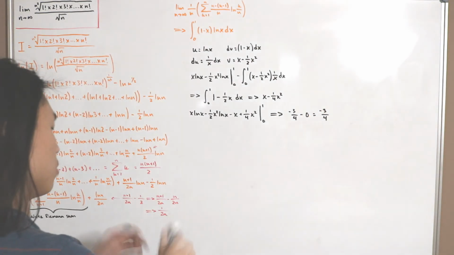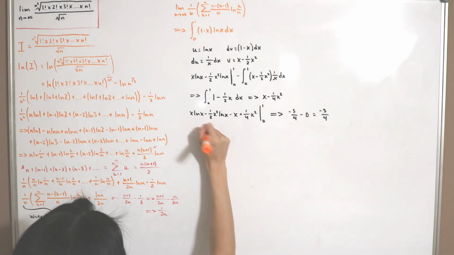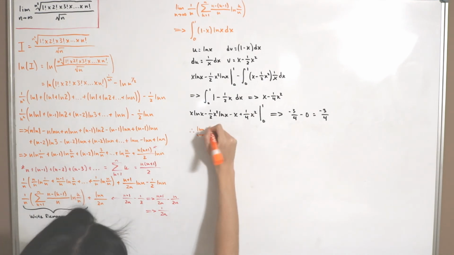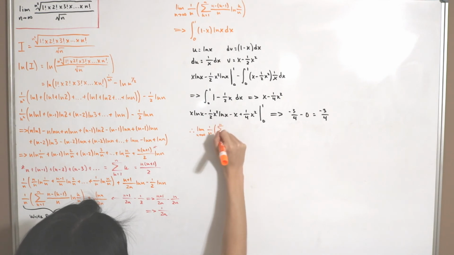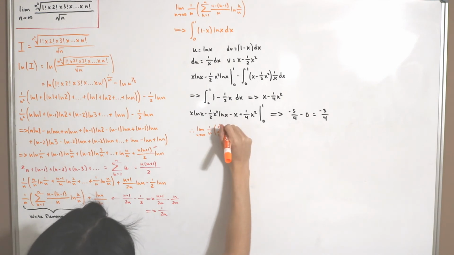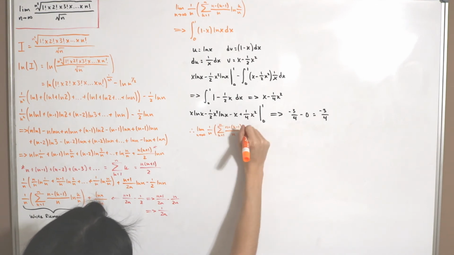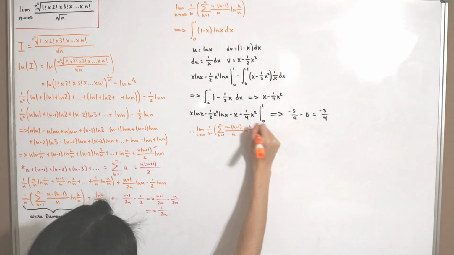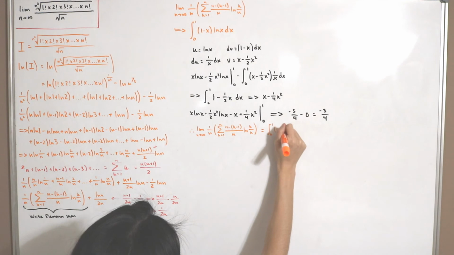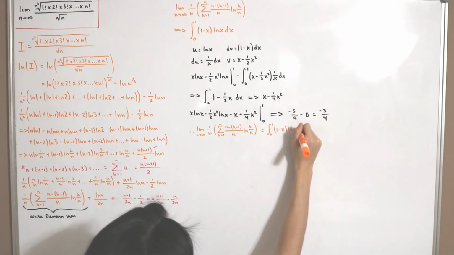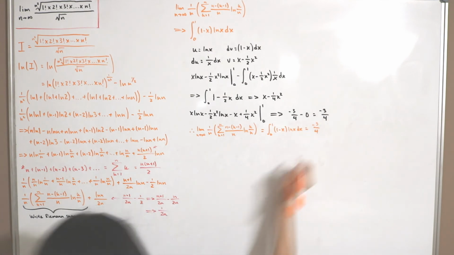So therefore, I'll put the triple dots, but that's not our final answer. The limit as n approaches infinity of 1 over n times the partial sum of (n minus k minus 1) divided by n multiplied by ln of k divided by n is simply equal to the integral from 0 to 1 of (1 minus x) ln of x dx, which equals negative 3 divided by 4.